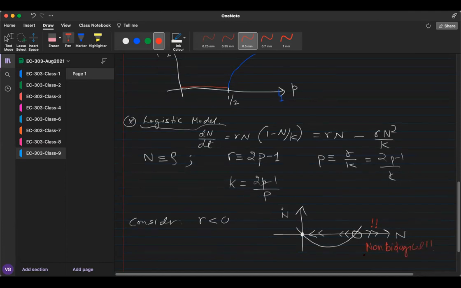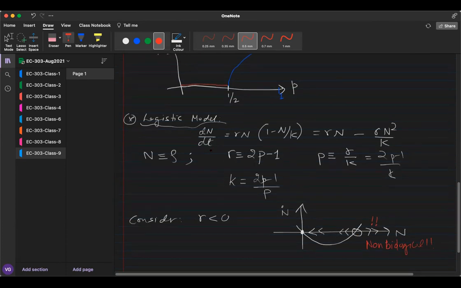So these kinds of issues can arise for models that we directly write down at the population level. Although intuitively we seem to have made all the correct steps when we wrote down this equation by looking at the per capita growth rate and so on, when r is negative it still has this very weird feature.